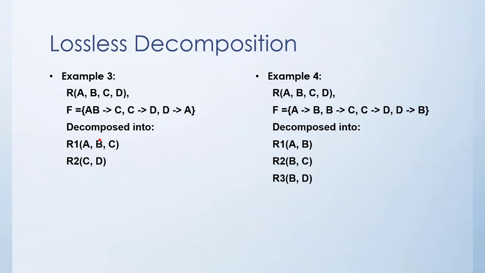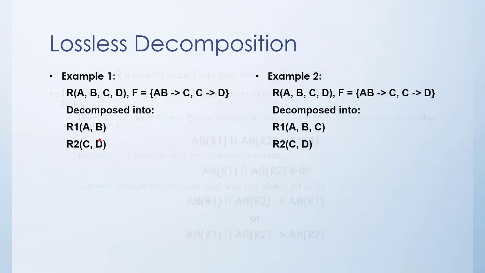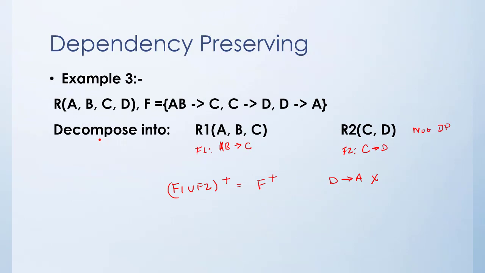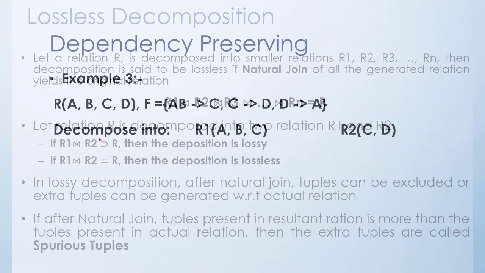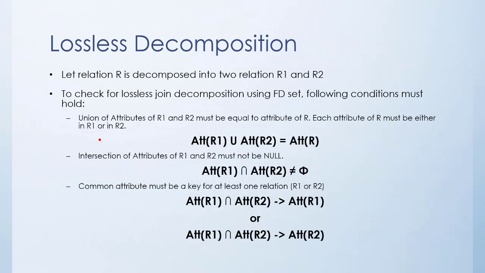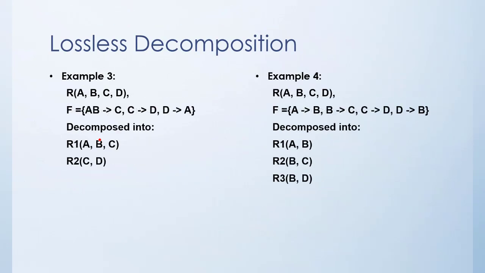Now example 3 is similar to our earlier example on dependency preservation. We have already proved that this decomposition is not dependency preserving. Now let us check whether it is a lossless decomposition or not.